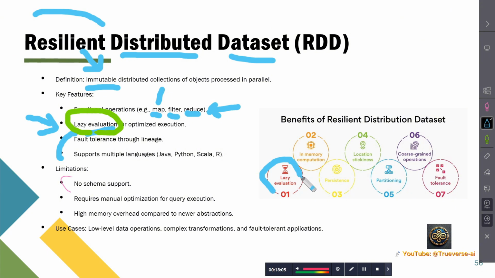So we can already see here the very important characteristics. Lazy evaluation, and we already talked about in-memory computation, and persistence, so that's why we call it resilient. It can also do partitioning. In the hands-on practice, we will do partitioning based on the location of the cluster.